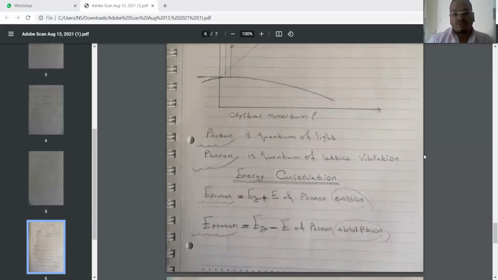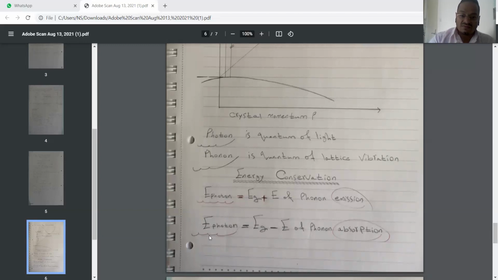Now let's talk about energy conservation, after we know the difference between photon and phonon, and between indirect and direct band gap. E photon, like I said before, at emission we put plus the energy band gap plus E of phonon.